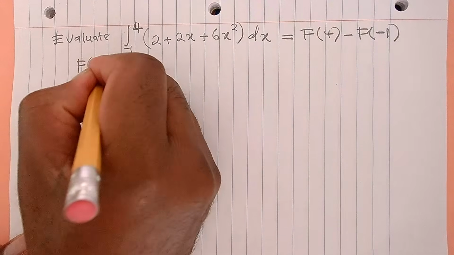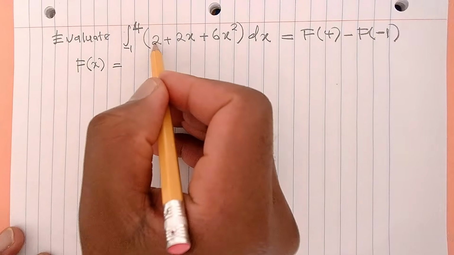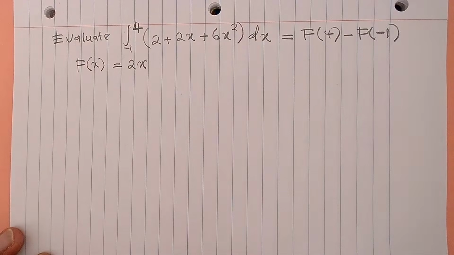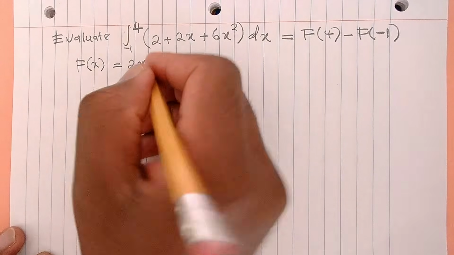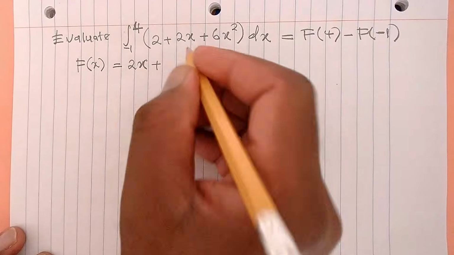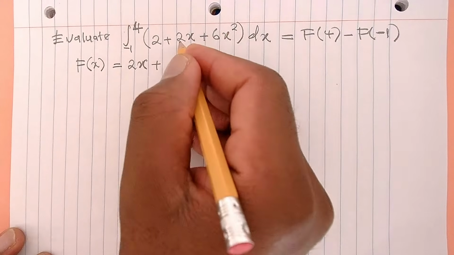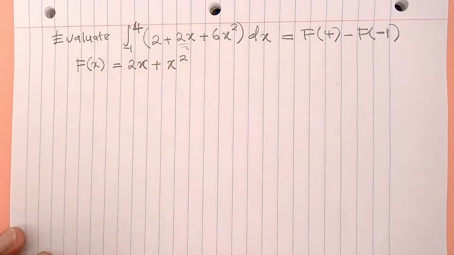So F of x is equal to, the integral of 2, you remember this is just 2x, because 2 multiplied by x to the power 0, 0 plus 1 is just 1, so that is why we have 2x. Then the next thing, remember x to the power 1 will be added to 1, then divided by 2, so this just becomes x squared.